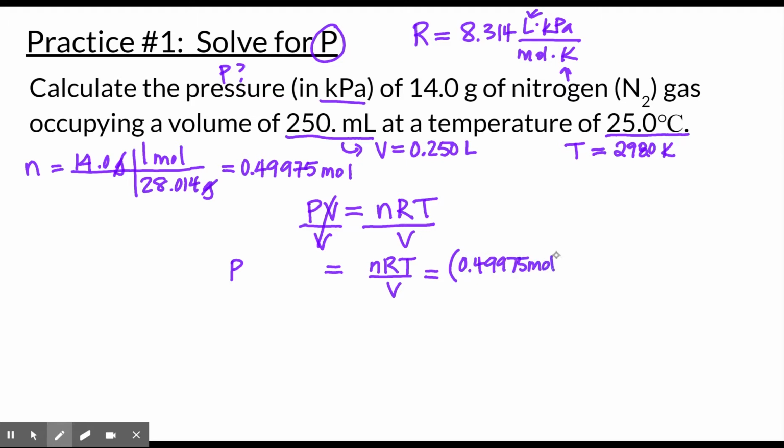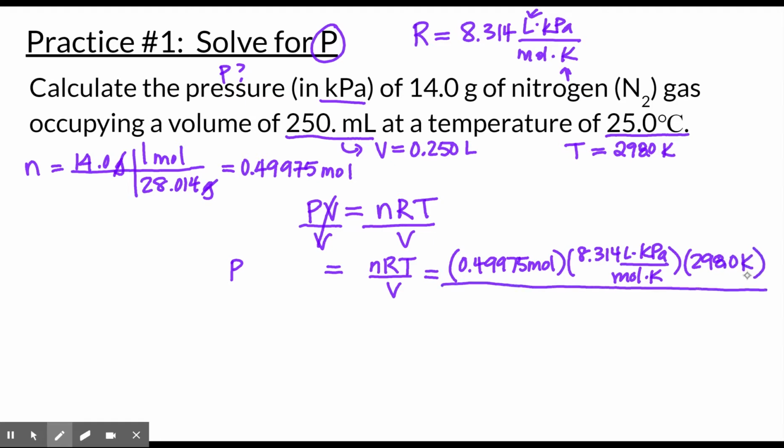Our R value is 8.314 liters kPa divided by moles Kelvin. And temperature is 298.0 Kelvin. All of that goes in your numerator. Your denominator will be your volume, and we're going to put 0.250 liters in its place.